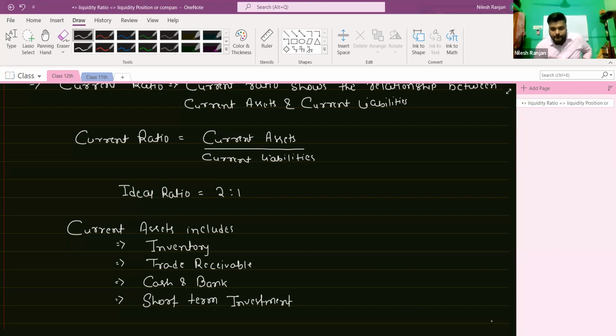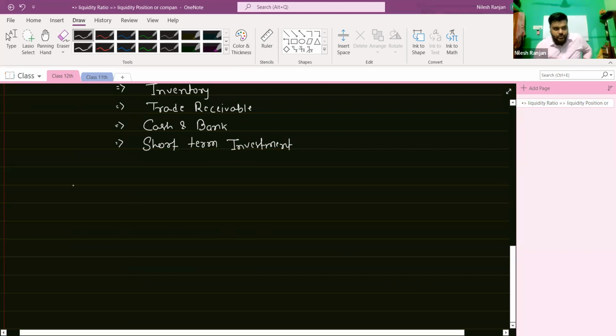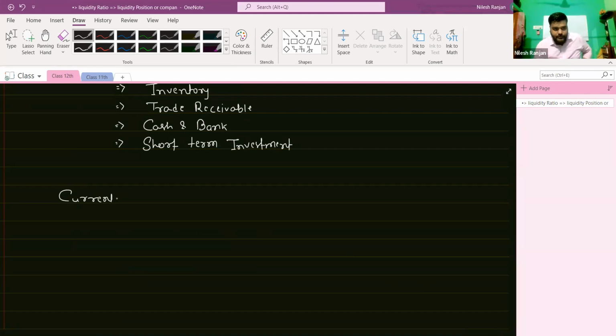Now there are some current liabilities also. So current liabilities includes trade payables.